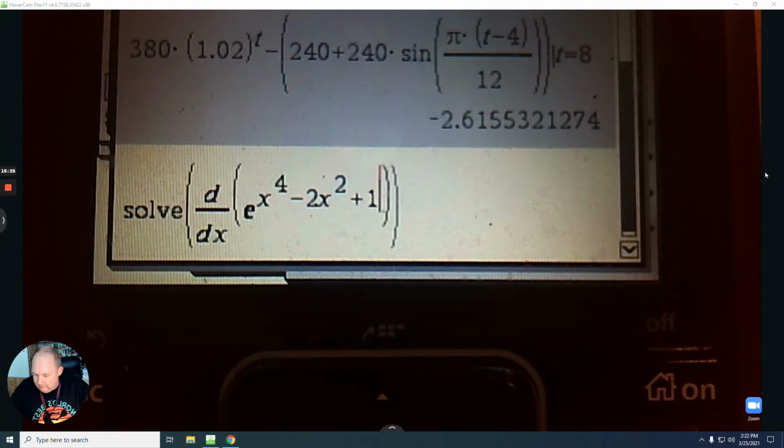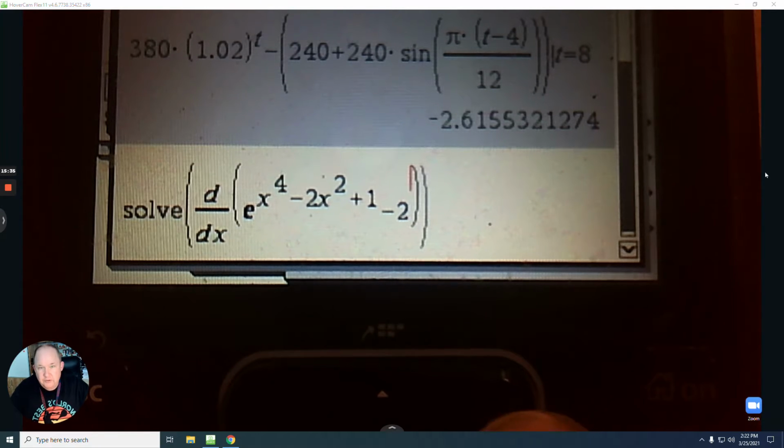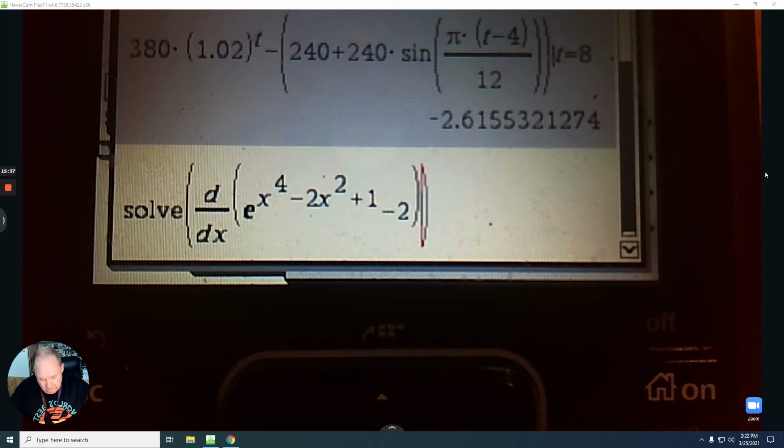It's all in the exponent, and then subtract 2. So e to all of that, and then subtract 2. So that's the derivative. We're going to make it equal to 0, comma x.